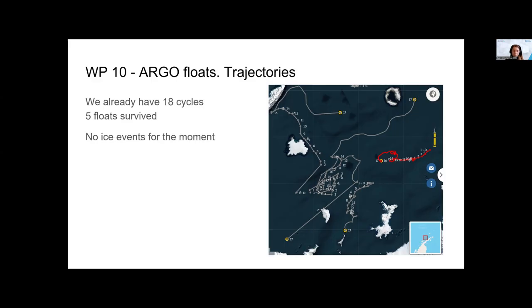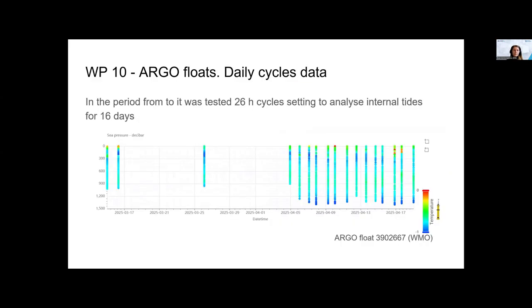For now, as you see, they are doing spirals, not propagating too much, not going too far, just floating all around. So that also will be good to understand the properties of the water. And as we don't have winter information in this area, I hope that it will be very important for all the community. And next slide.